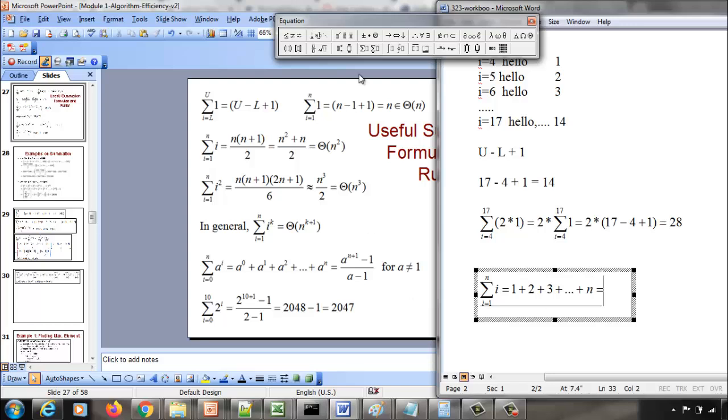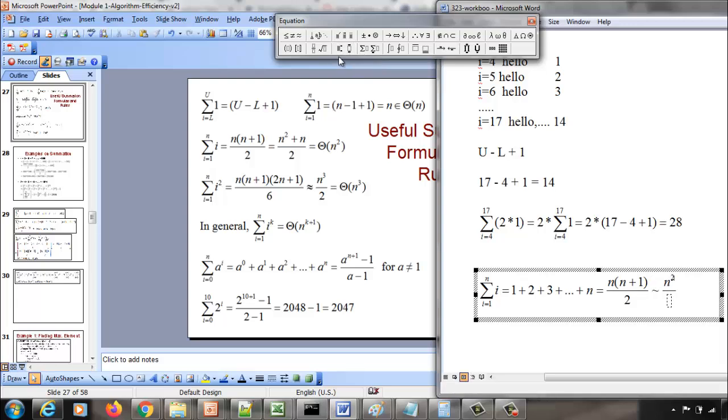You should have seen a formula for this in your math class. That's going to be n times n plus 1 over 2. Now we can simplify this because we want finally a theta format. If you simplify this, that's going to be n square plus n over 2. To get the theta notation, we can discard the lower order terms. So the lower order term n over 2 is discarded, leaving n square over 2.